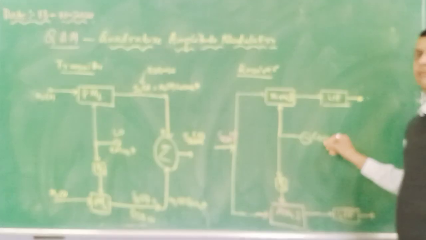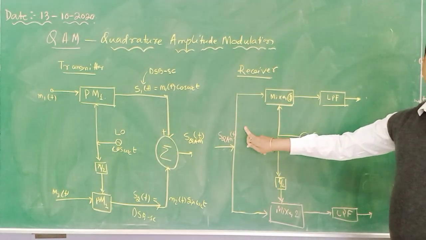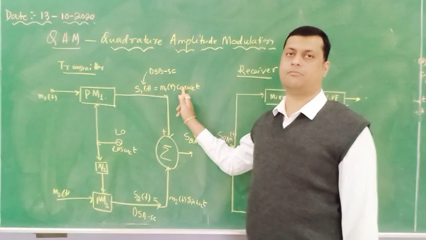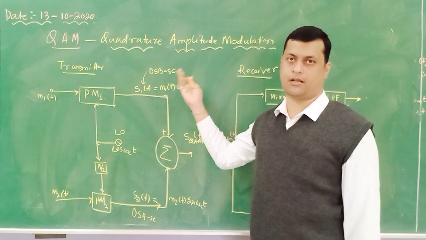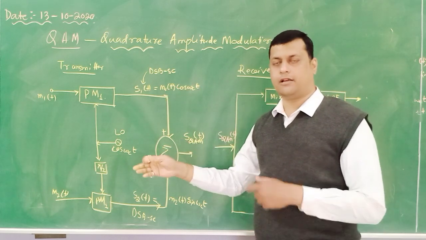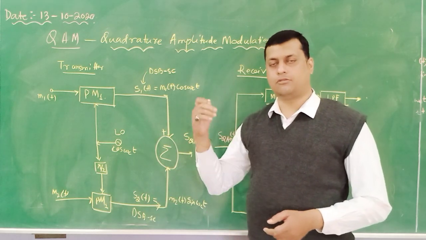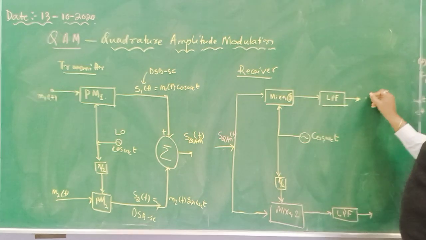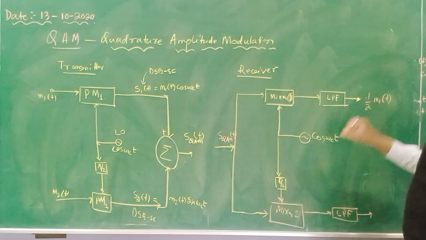If I multiply cos omega ct with the QAM signal, it will synchronize to this particular modulated signal because the cos term is there. So it will become cos square, and cos square you can expand as 1 plus cos 2 omega ct. So cos 2 omega ct is a higher component.